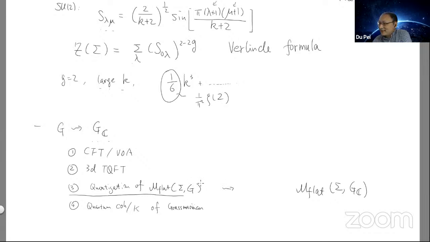Just like this space can be related to the moduli space of holomorphic G_C bundles or semi-stable G_C bundles, this space also has an interesting interpretation as the moduli space of Higgs bundles, and in terms of Coulomb branch of certain four-dimensional conformal field theories.